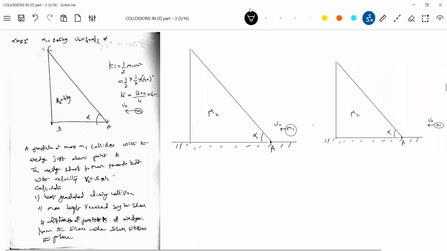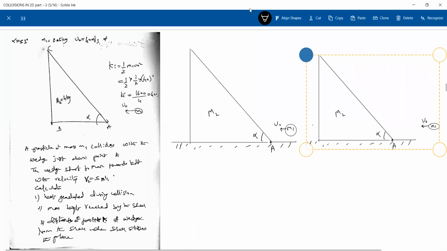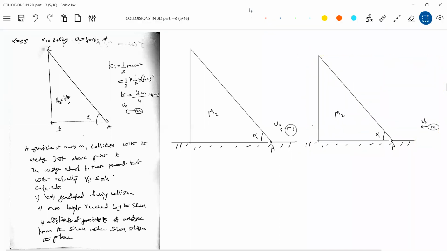Okay, there's a diagram. Now after collision. So after collision means, let me show what actually happens during collision. Let me have it like this. During collision, how will the impulse act?